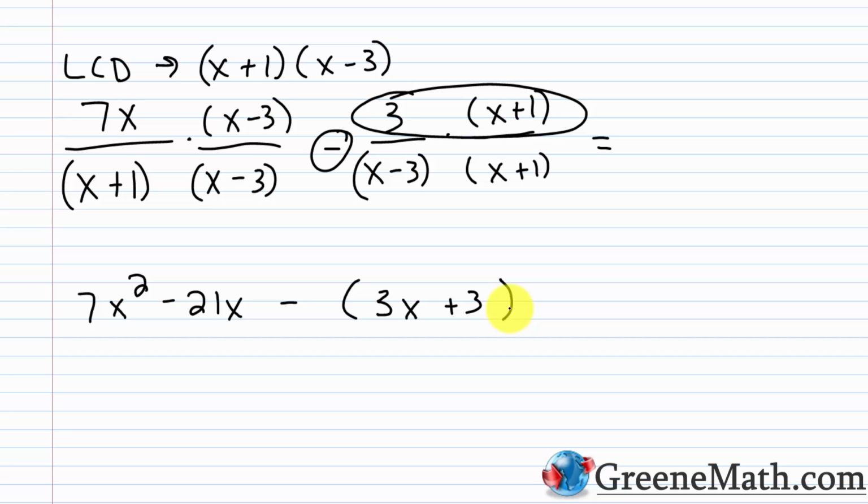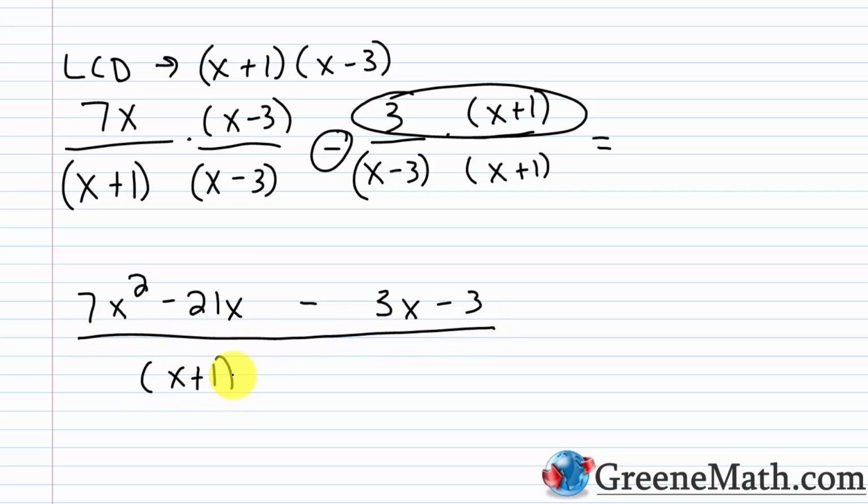And what that's going to tell me is that to remove the parentheses, again, I've got to change the sign of each term. So don't make the mistake, again, of just putting minus 3x plus 3. Both of those need to have their signs changed. So this is going to be minus 3x, changes from positive to negative, and then minus 3, again, changes from positive to negative. So this is over the common denominator of x plus 1, that quantity times x minus 3.